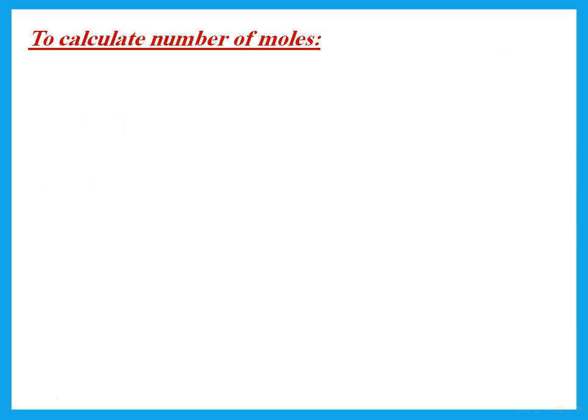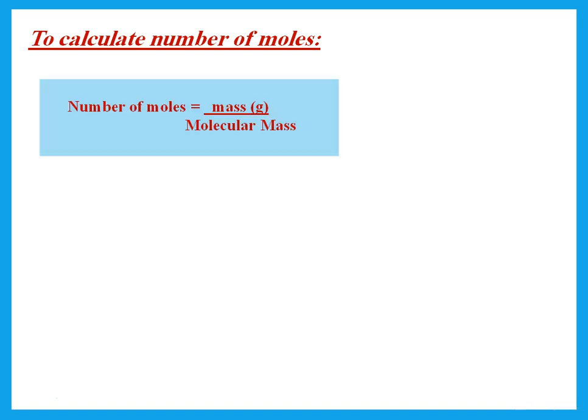The point of these questions would be to calculate the number of moles. So how do we calculate the number of moles? Well, that depends on what we have. For example, if he gives me a mass in grams, he says I have 5 grams, 10 grams, 25 grams, whatever, and he's asking what is the number of moles, then I use this equation.